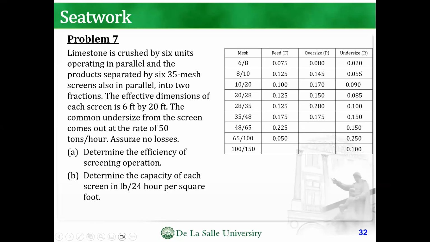Assuming that there are no losses, determine the efficiency of the screening operation and determine the capacity of each screen in pounds per 24 hours per square foot. Take note, separated by 35 mesh screens, so I'd be cutting it at this portion.